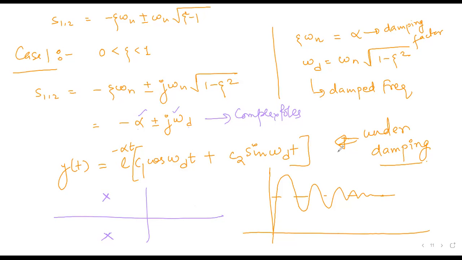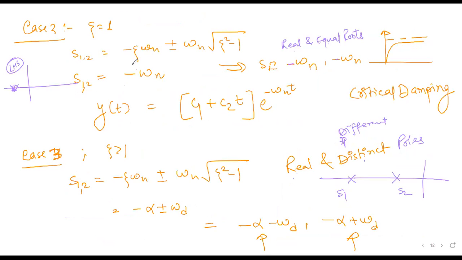If it's case 2, it will be real and equal roots, which means critical damping. They are fixed for each one and will not change. If real and equal roots, that means critical damping. If real and distinct, that means overdamping.